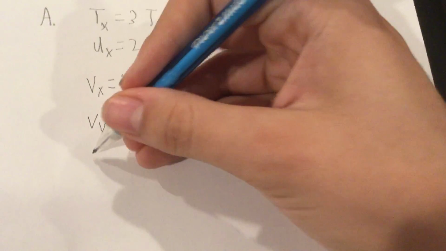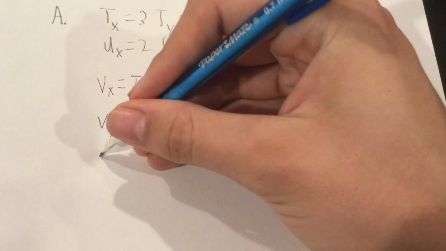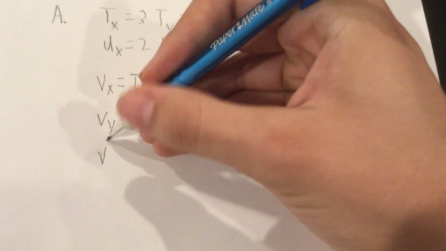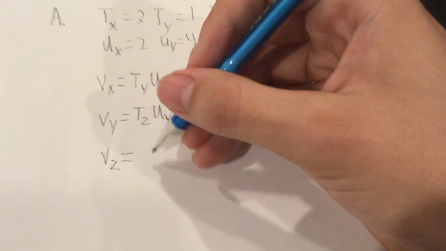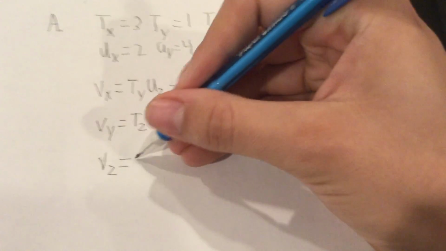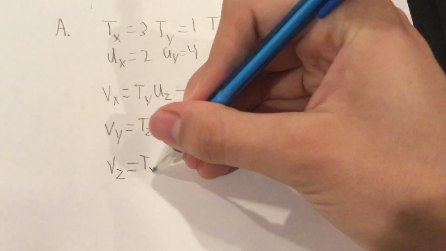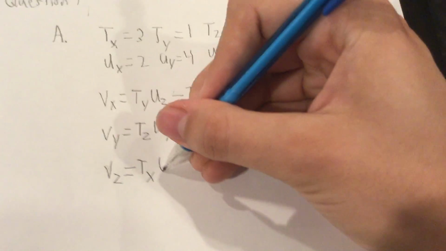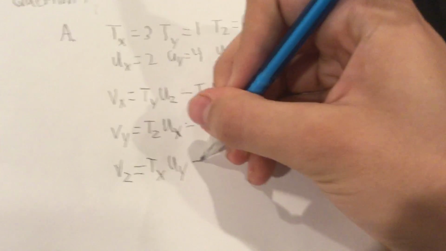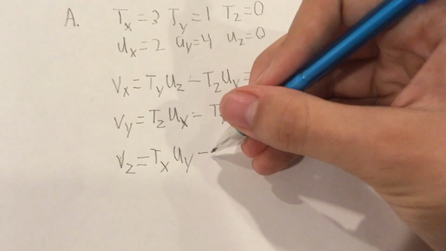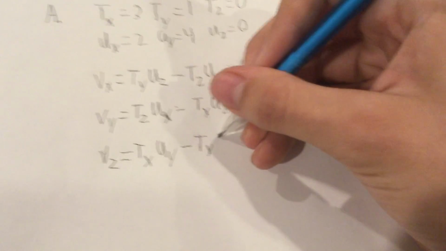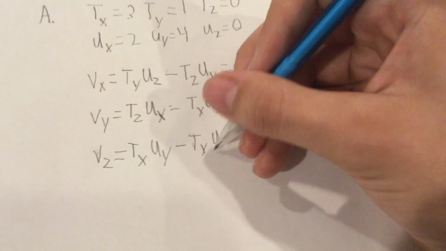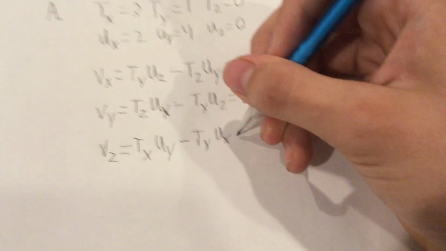Now we find the last one for the vector. The component for v of z is going to be equal to t of x times u of y, minus t of y times u of x.